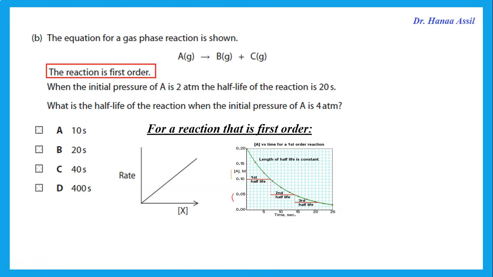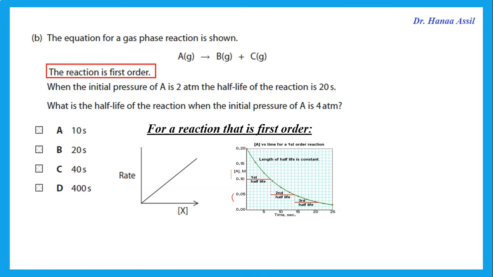So if we have this graph of concentration versus time, then half-life, you remember that half-life means the time taken for half the concentration to be used up. So if we're starting, for example, in that second graph on the right, from point 2 to point 1, the time taken for that is the first half-life.